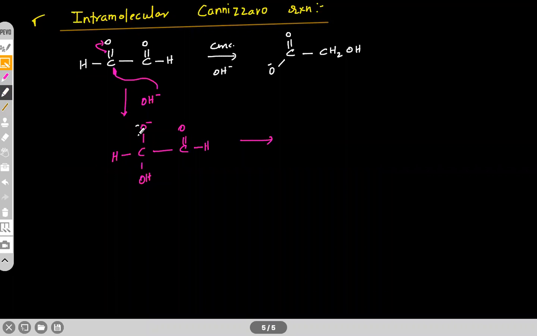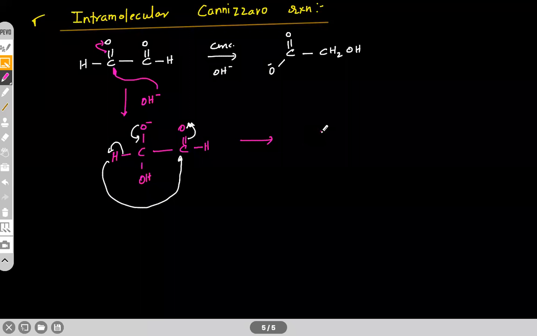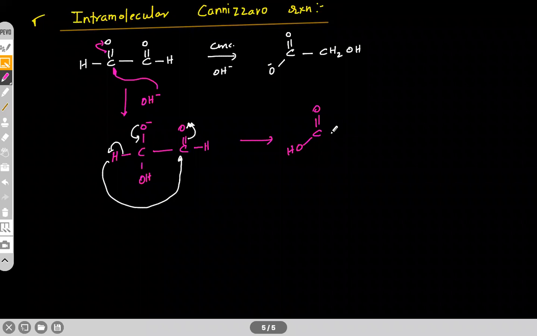Now, when this lone pair forms pi, H minus comes out, and this H minus attacks this carbon in the same molecule, and this pi electron shifts onto this oxygen. So it converts into C double bond O, OH, then C double bond O, H, and H, not single bond O.